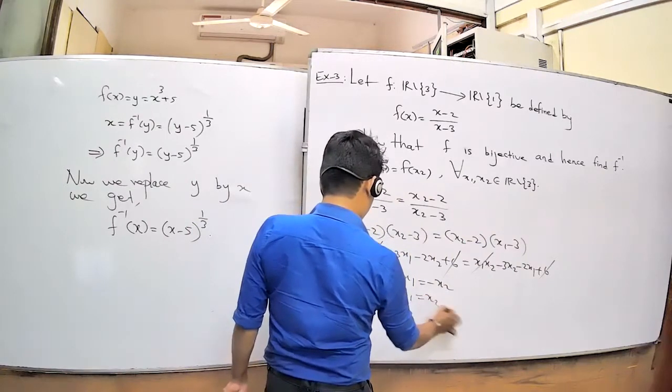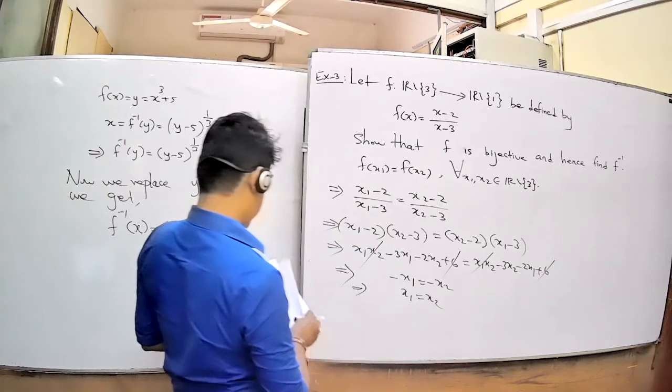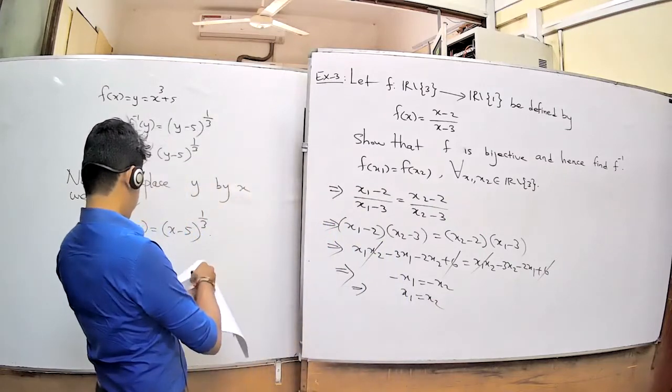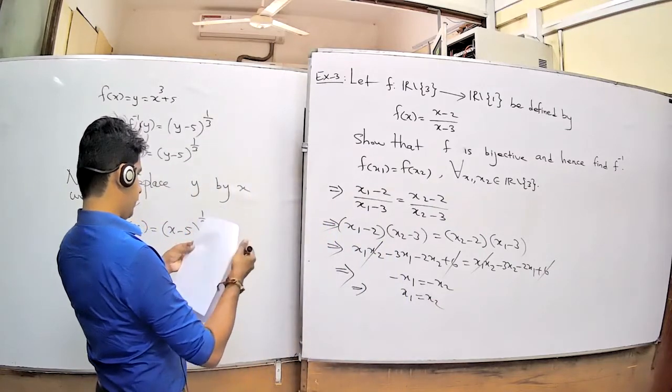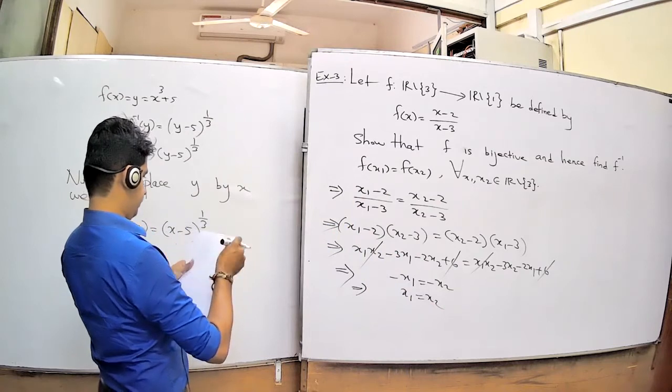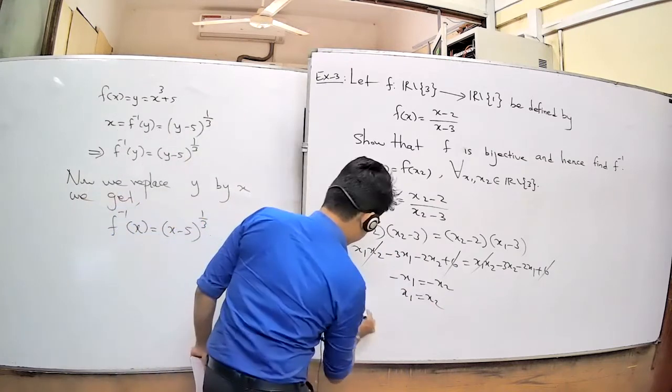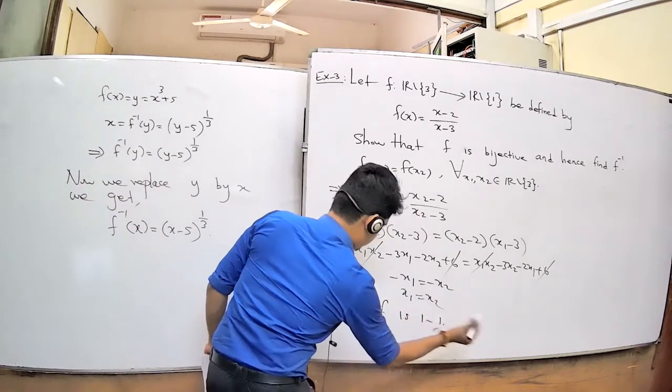Therefore x1 equals x2, which means f is 1 to 1.